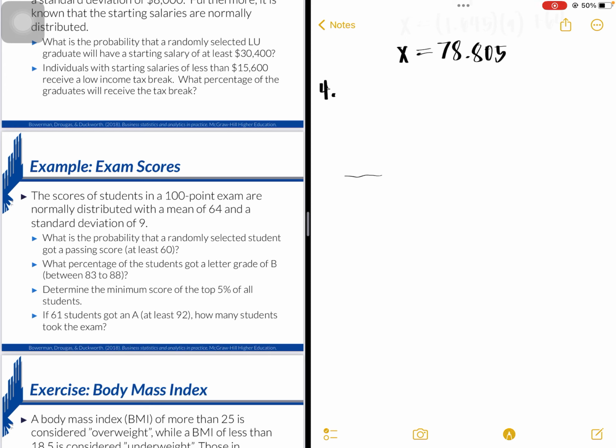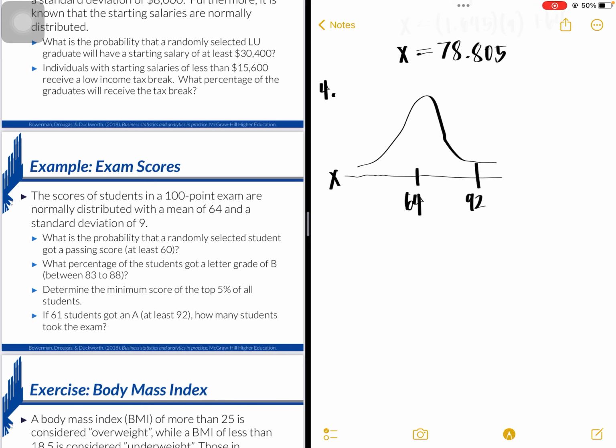So again, if we try to visualize this, according to the problem, 61 students got an A. Let's say this is the standard normal distribution of the scores. The center is 64. The students who got an A got scores of at least 92, and 92 must be somewhere to the right of the mean, which is 64.